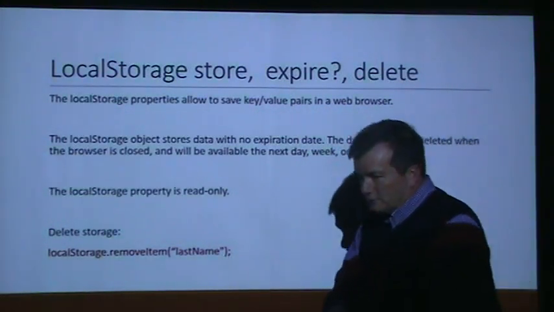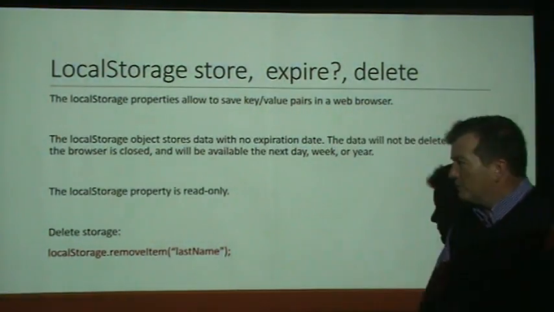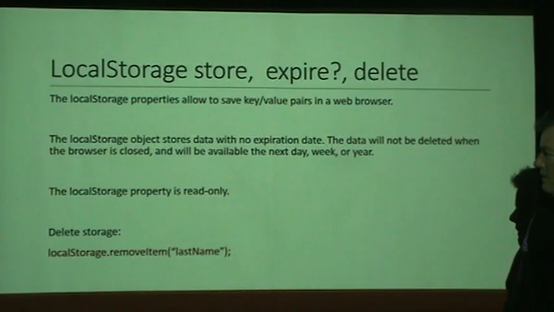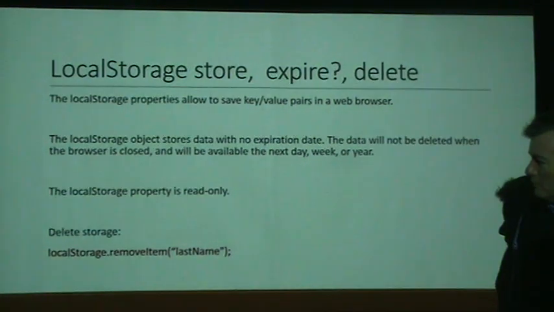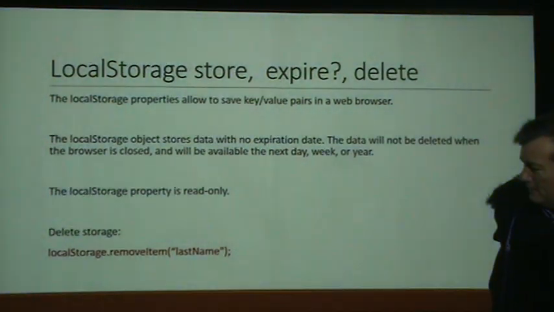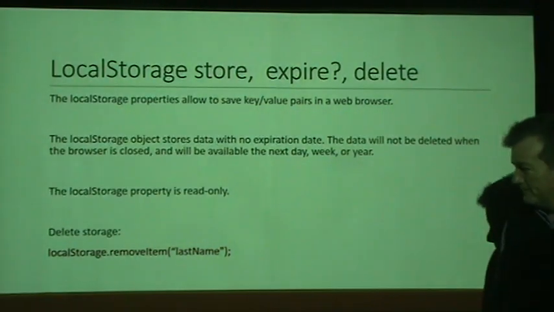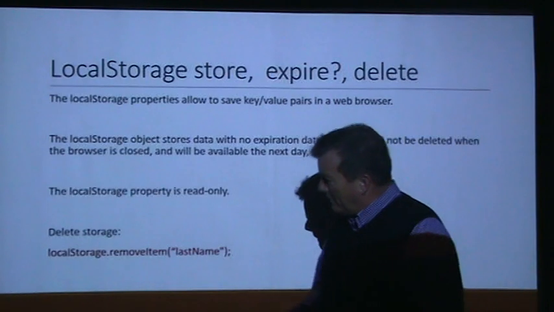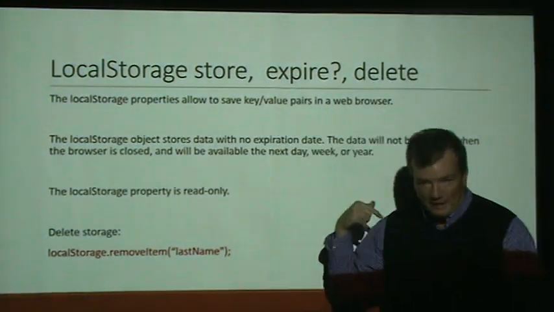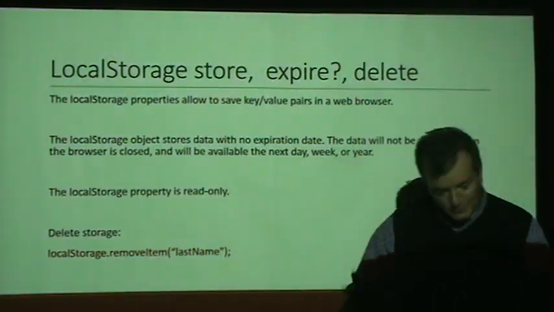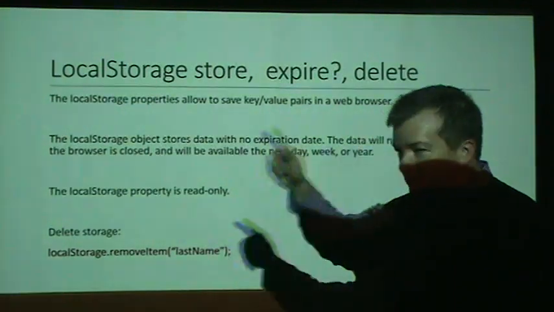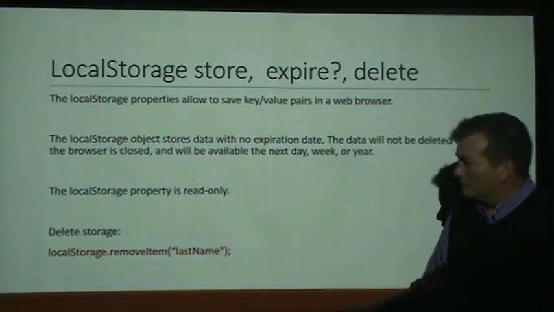You close the browser, shut off the computer, next day turn the computer back on, it'll still be there. And the local storage is read-only. So someone else can come in and change the data. But they have a removeItem. So you can actually just come in and delete it. One difference between cookies is that cookies you have to expire them, whereas here we can actually go in and delete.